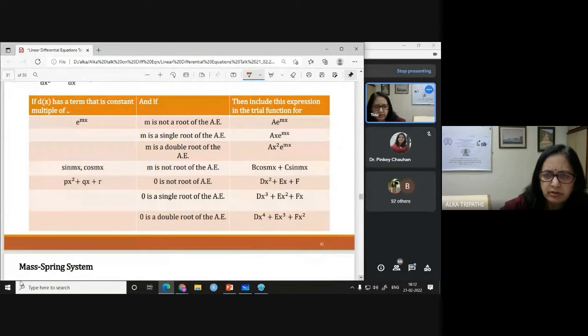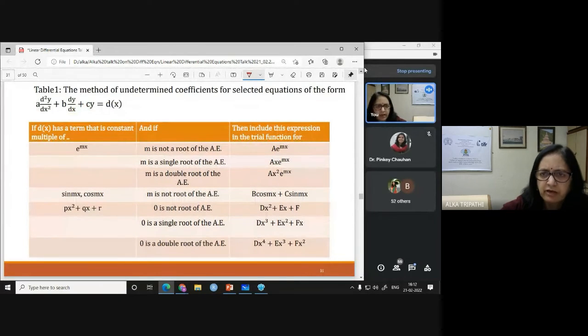Based on this, there are certain trial functions I have written in this table. Suppose my dx value is e to the power mx, and all the roots of the auxiliary equation are different. In that case, you can take a e to the power mx, whereas one root is m.